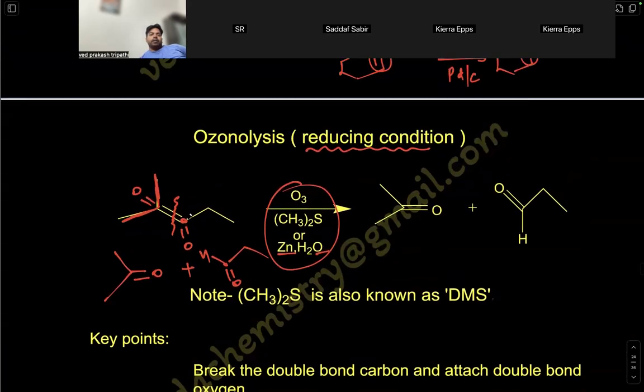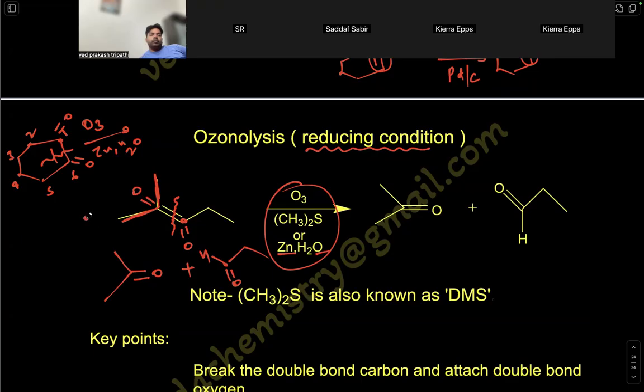Suppose we have the ring and we are doing reducing ozonolysis, meaning O3 with zinc/H2O. So you can use the numbering 1, 2, 3, 4, 5, 6. Break this one, add double bond O, double bond O. So now the 1 and 6 bond is going to break.